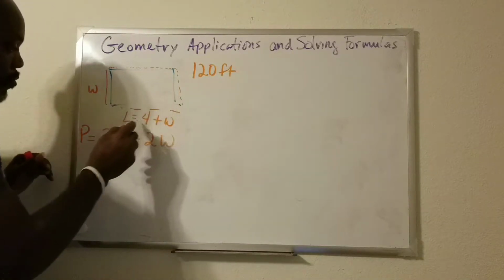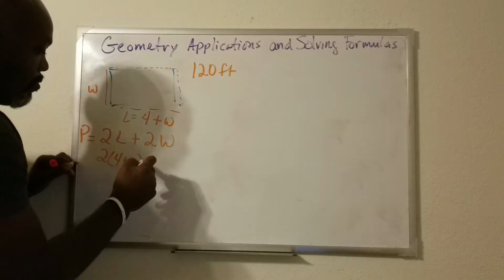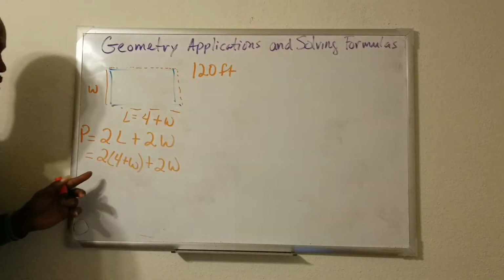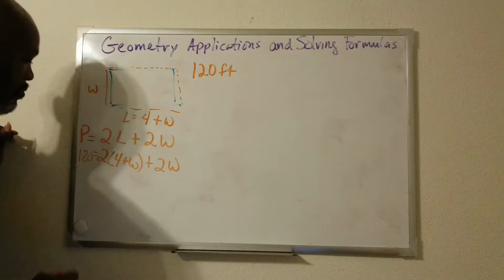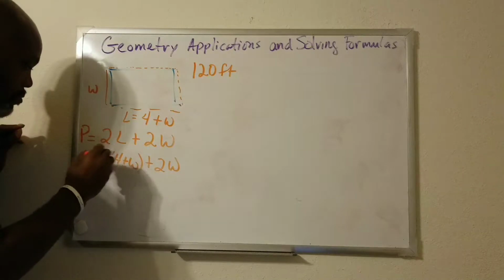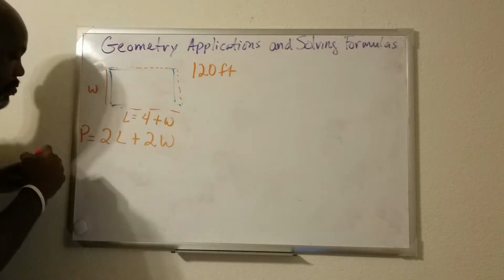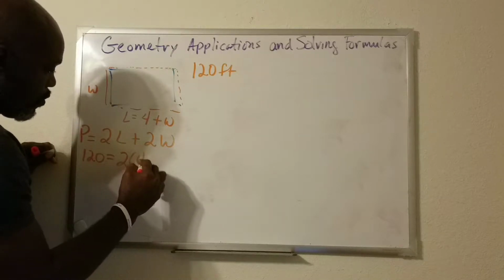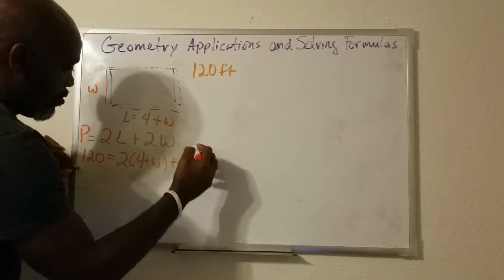Okay? So what we know is the length is 4 plus the W, and 2 times whatever the W is, or the width. And so this is our equation. Our perimeter is 120. Or matter of fact, why not I just rewrite it? 120 equals 2 times (4 plus W) plus 2W.